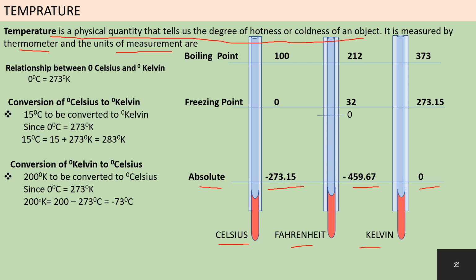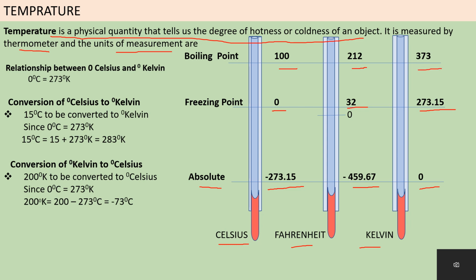The freezing point of water is 0 degree on Celsius scale, 32 on Fahrenheit scale, and 273.15 on Kelvin scale. The boiling point of water is 100 degrees Celsius, 212 degrees Fahrenheit, and 373 degrees Kelvin.